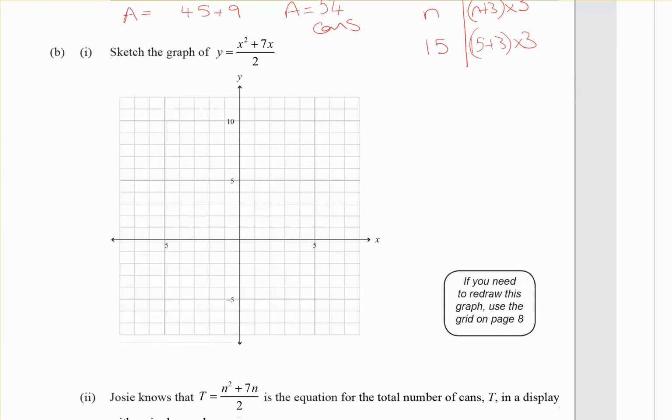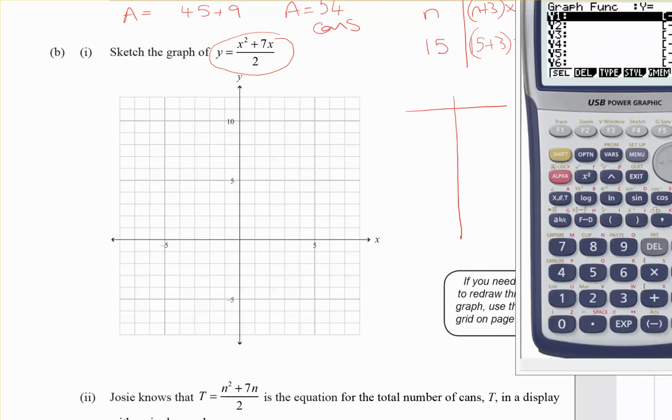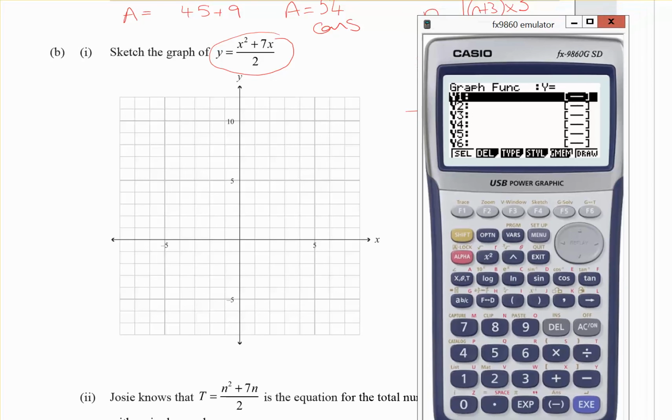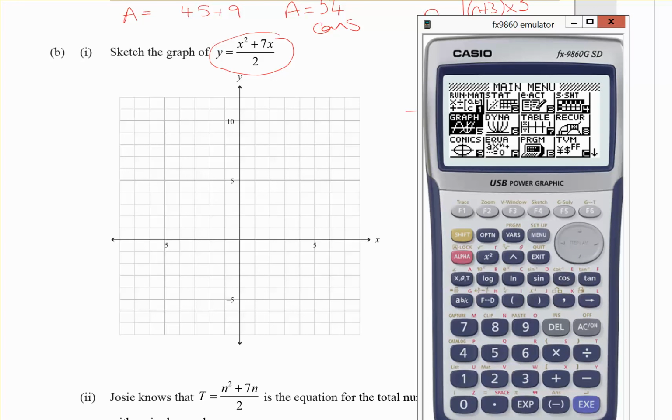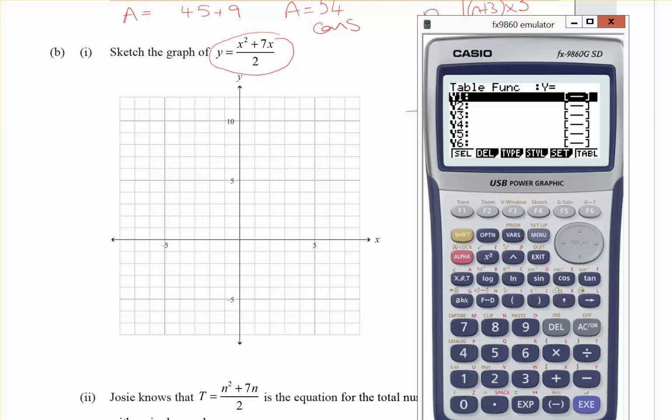Right, we're asked to sketch a graph. There's the equation. Every equation, every graph has a table. I can see we're going from -5 to 5. We could also have a go at putting it into the calculator and a table. This emulator here on the computer is quite old now, but will be similar.